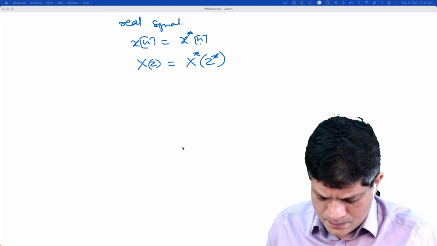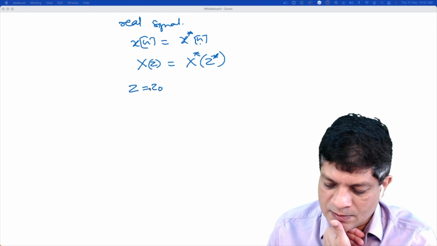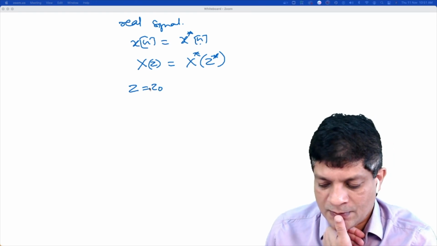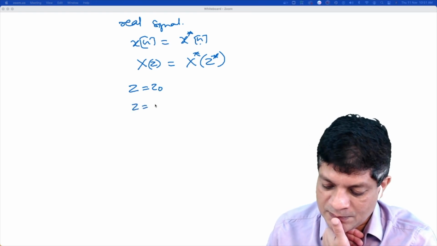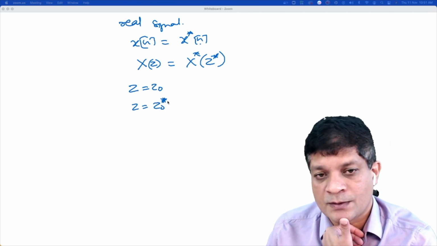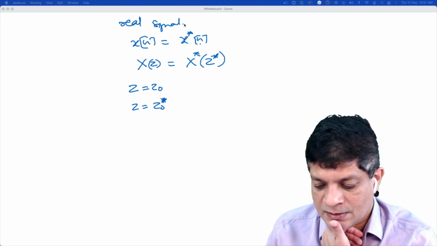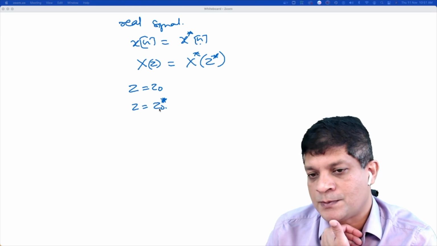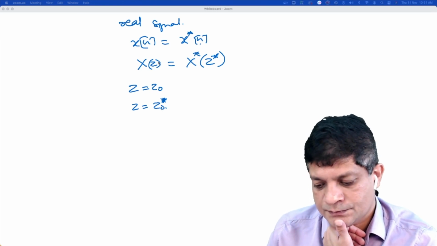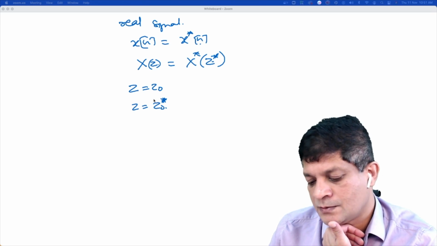Poles must occur in pairs of conjugates. Yeah. So we can say that if there is a pole at some value z naught, then there must be another pole at its conjugate location. If the signal is real, there must be another pole here, because the poles of these two should be the same. So it should occur in pairs.